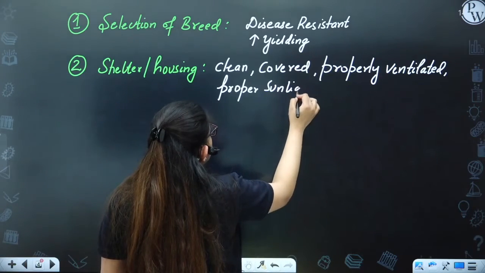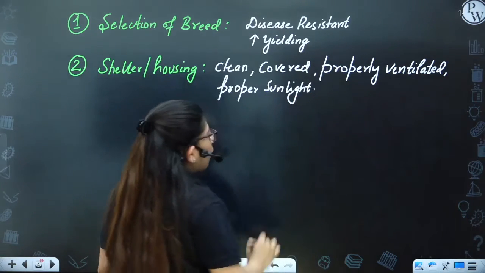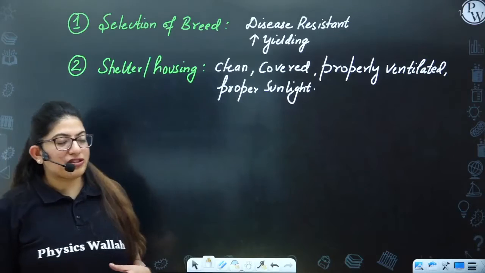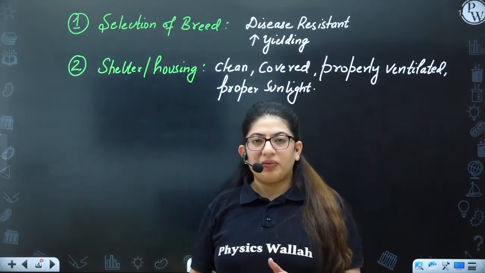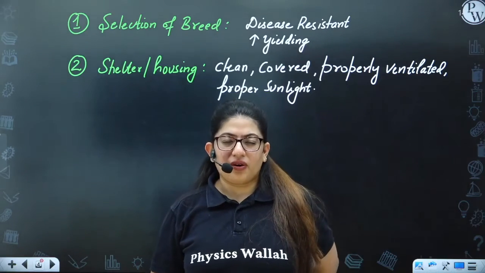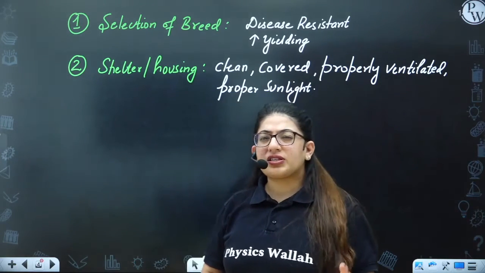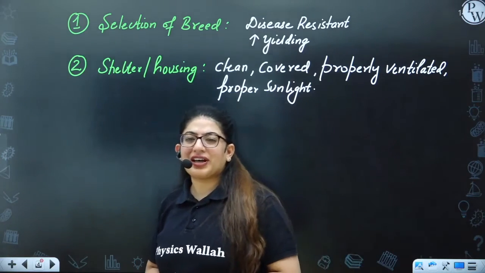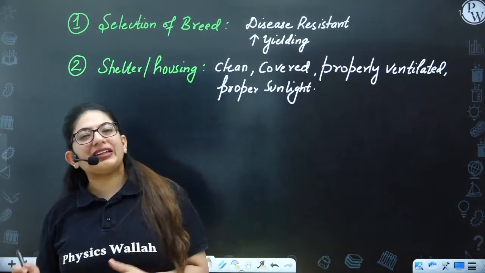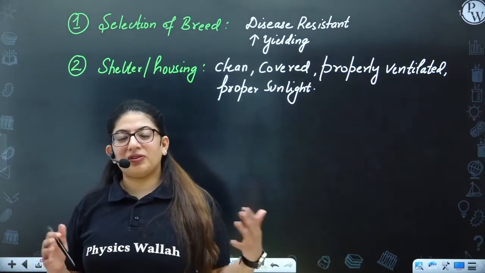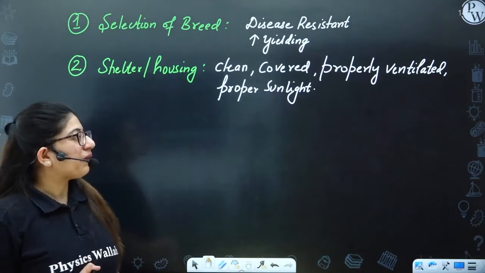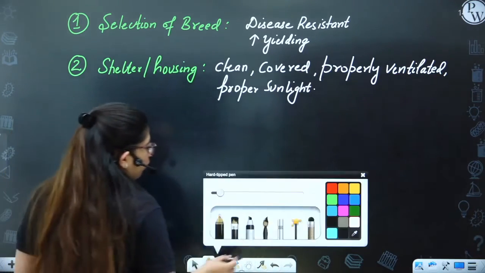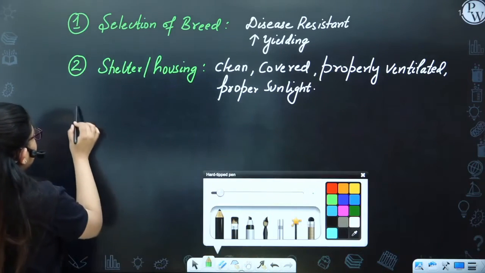It will always be better if the owner of this housing or shelter sprays insecticide or pesticide from time to time. There are certain insects or flies that cause a lot of harmful diseases to the cattle. So if we spray the insecticide from time to time, it will be really protective and helpful for the animals living there.